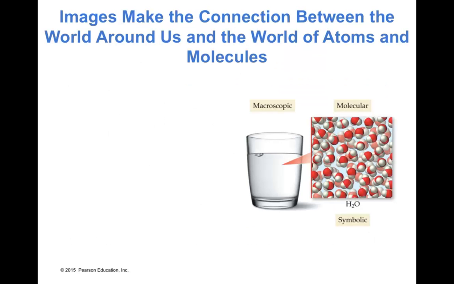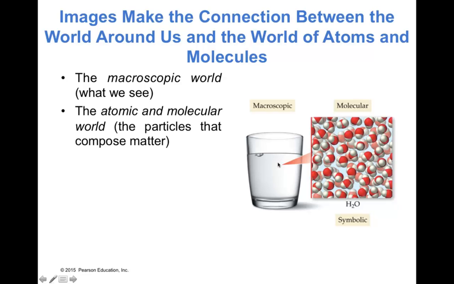Now, images make the connection between the world around us and the world of atoms and molecules. The macroscopic world is what we can see. We see here a glass of water, okay? In the atomic and molecular world, we can see the particles, okay? So this one is basically the atomic or the molecular perspective, the molecular world.